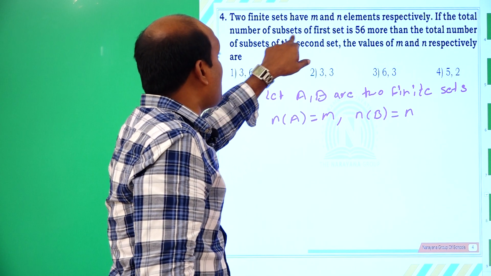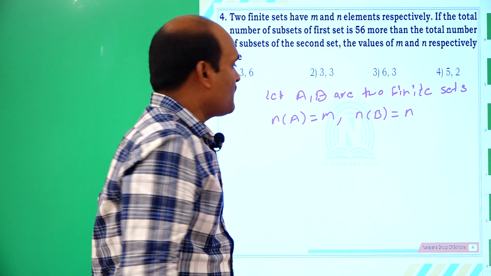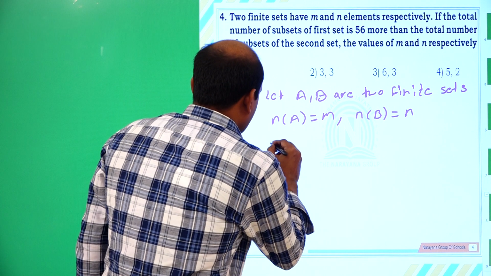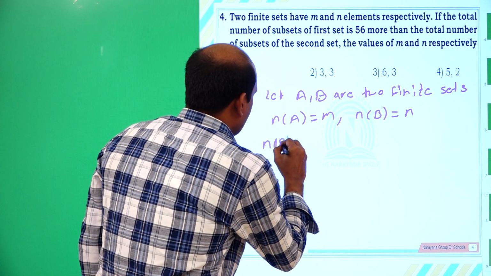If the total number of subsets of the first set, what are the total number of subsets of A?